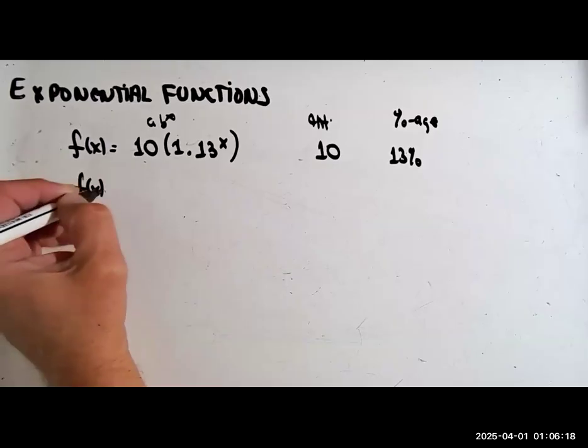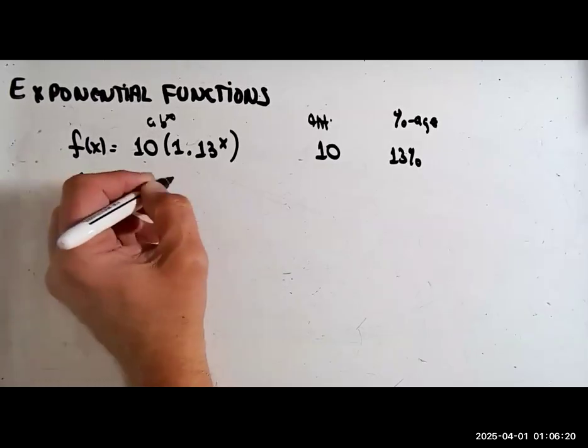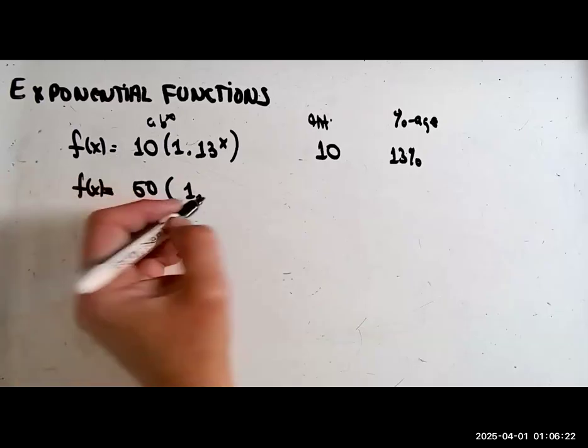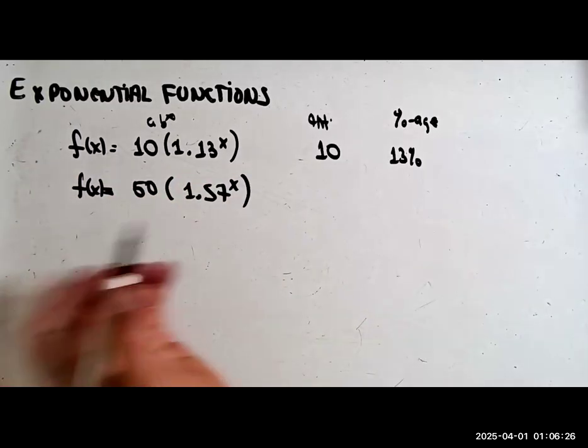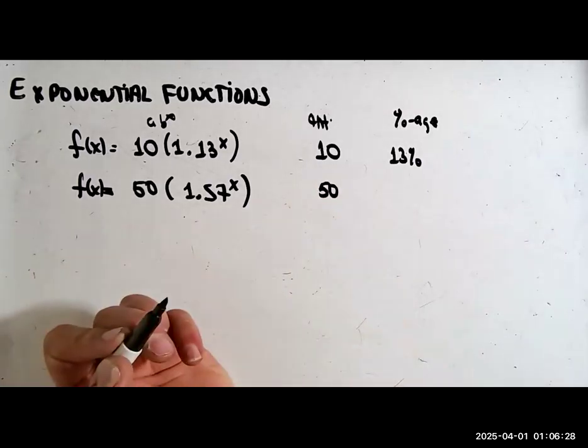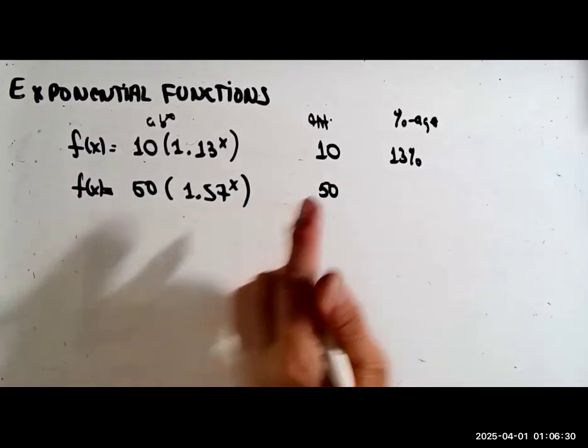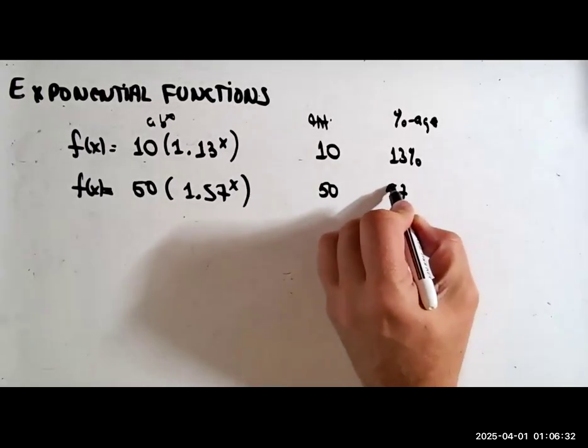If I have f of x equals 50 times 1.57 to the x, perhaps you guessed it, the initial value is $50 and I will be adding 57%.